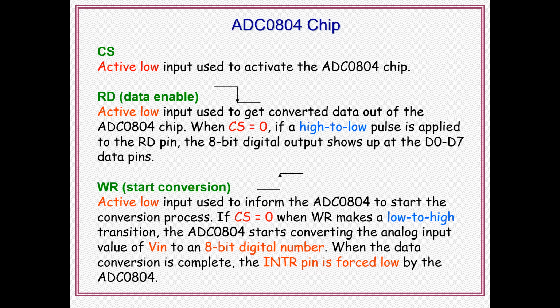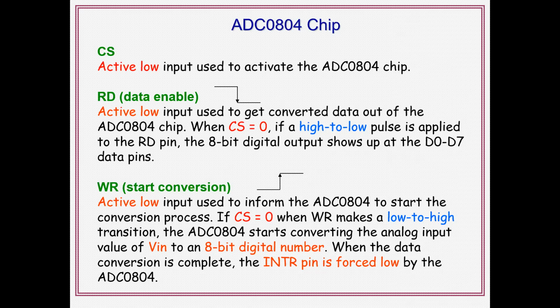With CS bar equal to 0, when WR bar makes a low to high transition, the ADC 0804 starts converting the analog input value of VIN to an 8-bit digital number. When the data conversion is complete, the INTR pin is forced low by the ADC 0804.